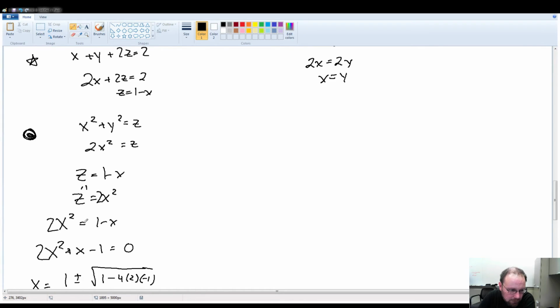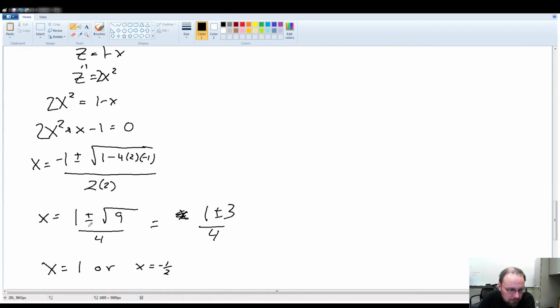That's a plus, so that's minus. Slight mistake. Alright. So, in fact, x is either negative 1, or when we have negative 1 plus 3, that's 2, or x is positive 1/2. That's better.